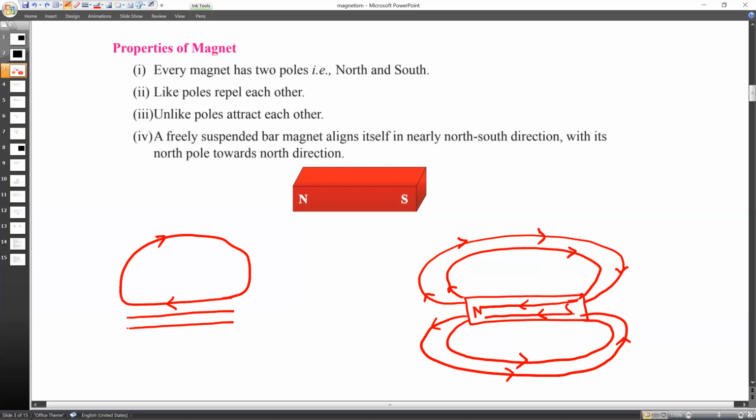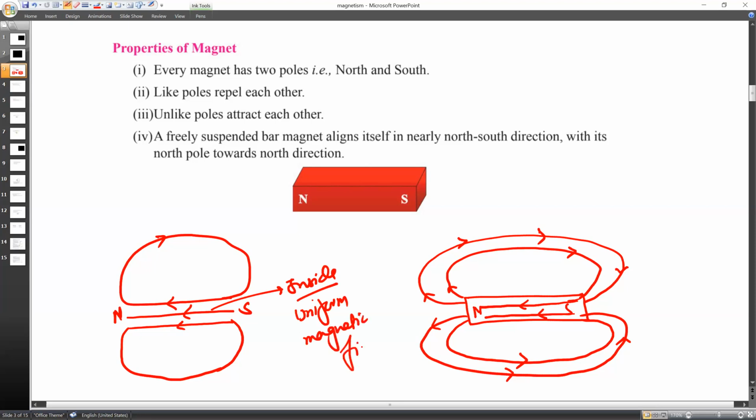Inside, they are straight and parallel, and we can say it is a uniform magnetic field. This is the North Pole and this is the South Pole, and inside it is a uniform magnetic field.